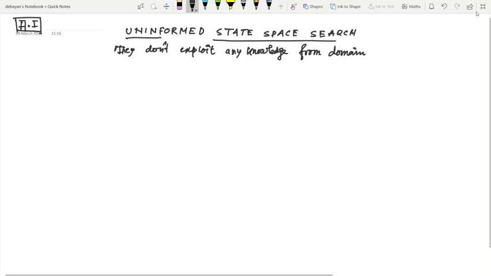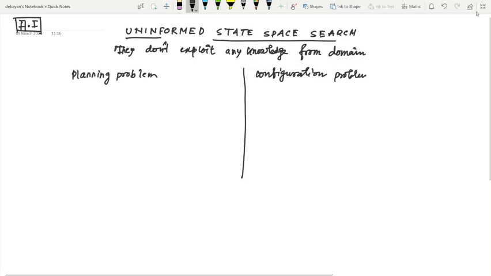So actually we know there are two types of state-based search problems. One is called the planning problem, and another is called the configuration problem. These are the two types of state-based search problem.